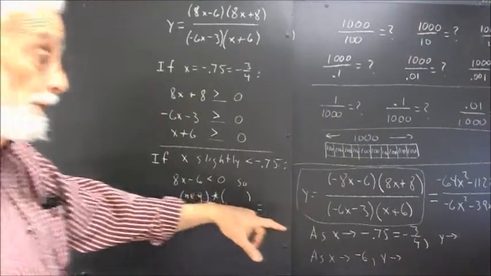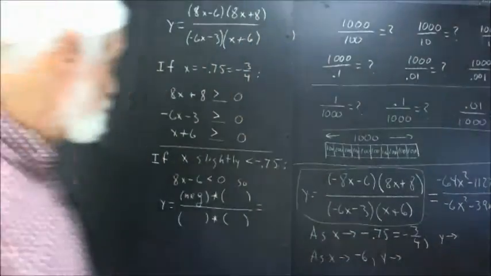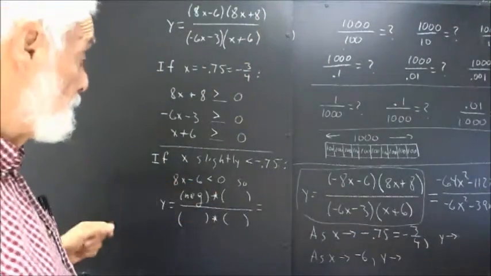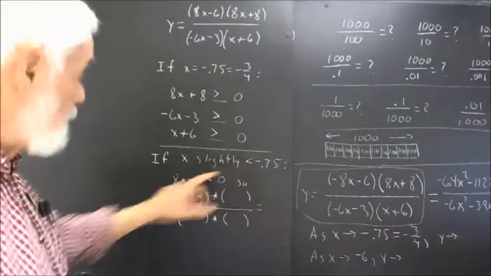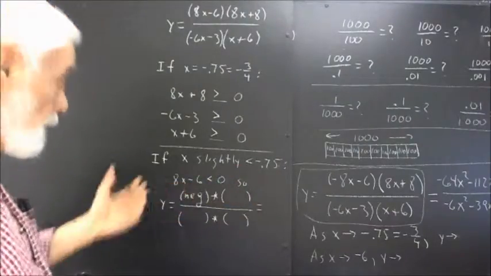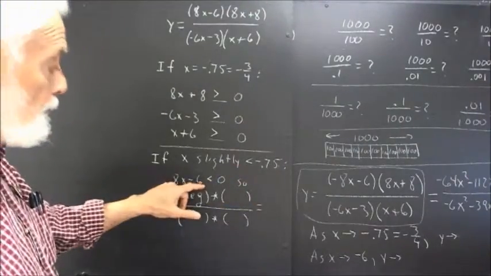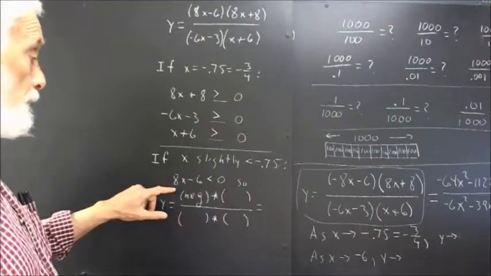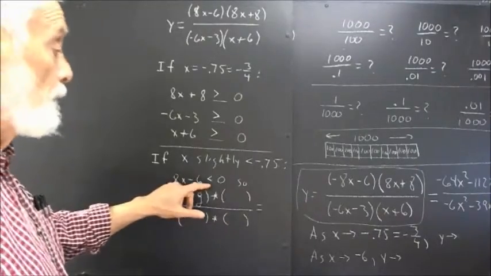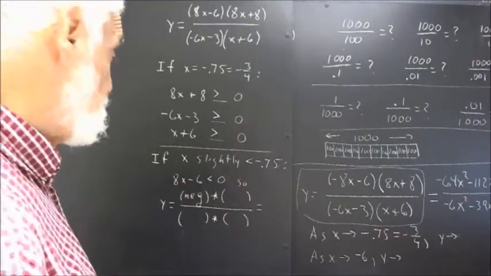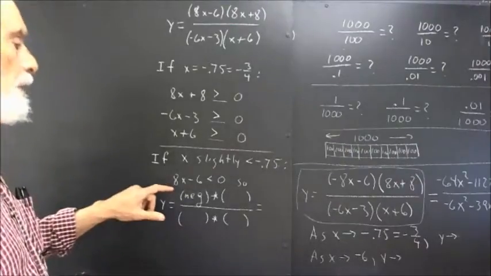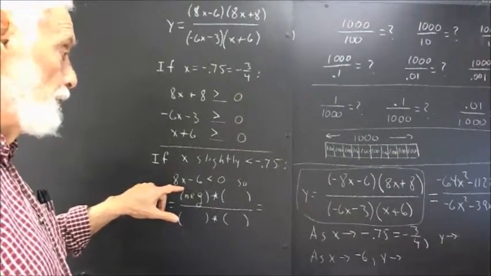That's where the negative 3/4 came from, by setting this equal to 0. If x is a little less than that, then 8x is going to be a little less than it was, and the minus 6 is going to be bigger than the positive 8x, which is going to make this less than 0. This thing has a positive slope, if you wish.